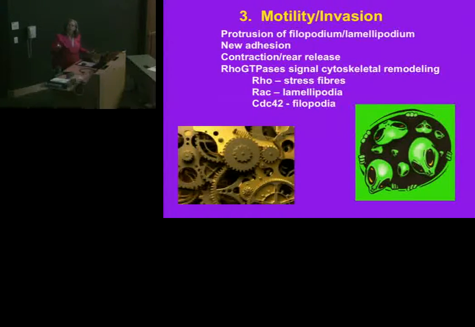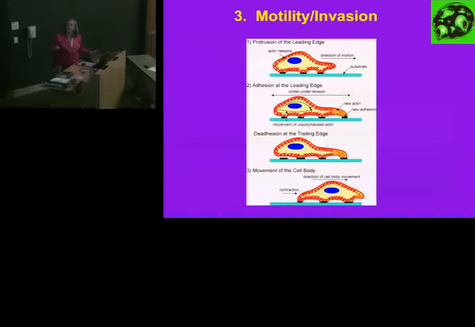Very generically, there's a family of enzymes called Rho-GTPases that are involved in various steps of motility, and these are the three that you're most likely to hear about. Rho is involved in formation of stress fibers, RAC in formation of lamellipodia, which I'll show you what that is in a second, and CDC42 in filopodia. But these events have to be finely orchestrated and well coordinated with each other.